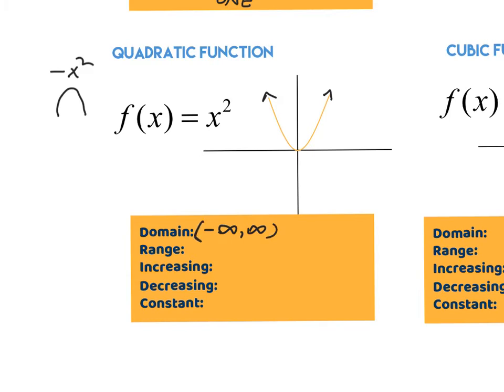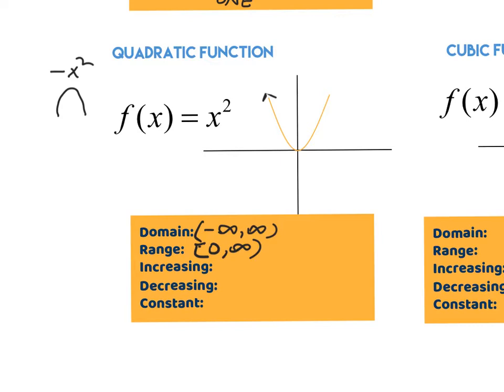However, the range, the first point as I'm moving from the bottom to the top that I encounter is 0, and then it goes to infinity. So the range is from 0 to infinity. This graph has an increasing part and a decreasing part.